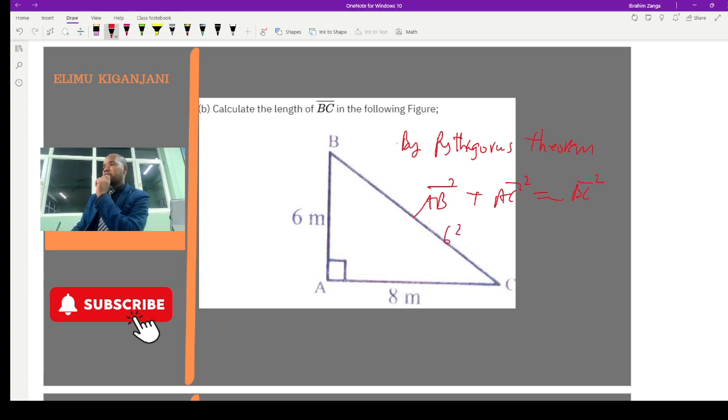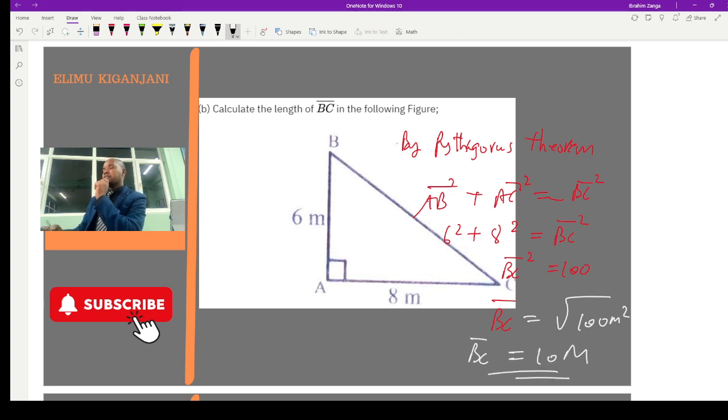So you have 6 squared plus 8 squared equals BC squared. So BC squared will be equal to 100. So BC, dear students, will be the square root of 100, which will be 10 meters. So BC is 10 meters, dear students, and that is the solution for question number 9b.